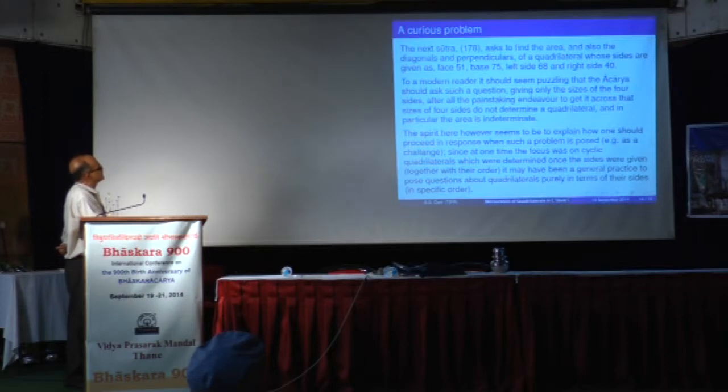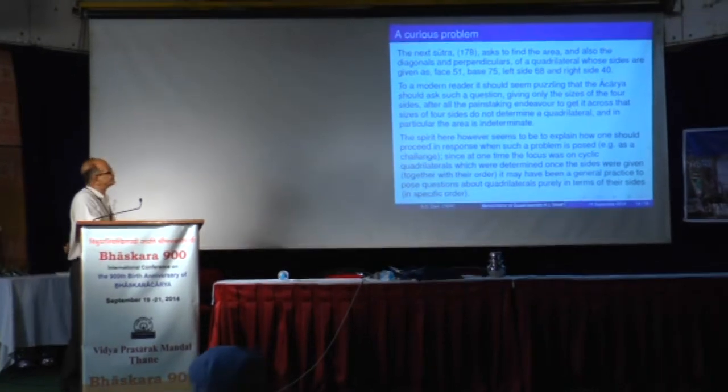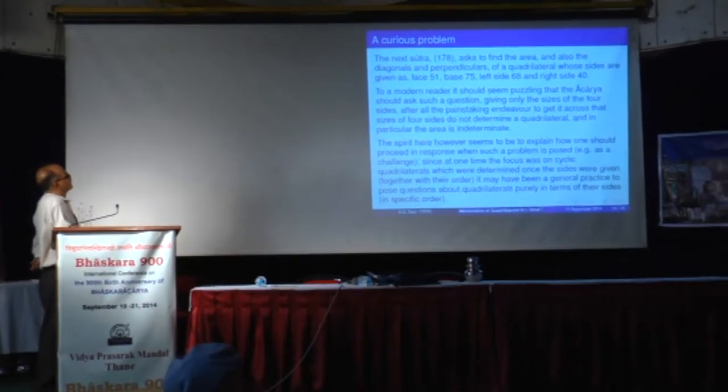In Sutra 178, he has to find the area, diagonals and perpendiculars for a quadrilateral whose sides are given as face 71, base 75, left side 68, and right side 40. So these are the sizes given.